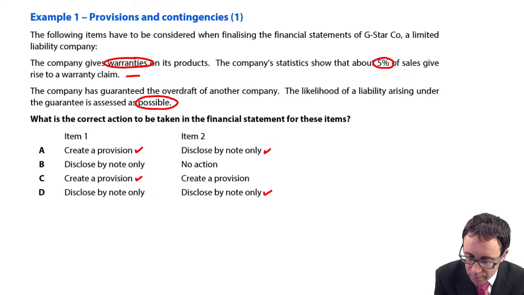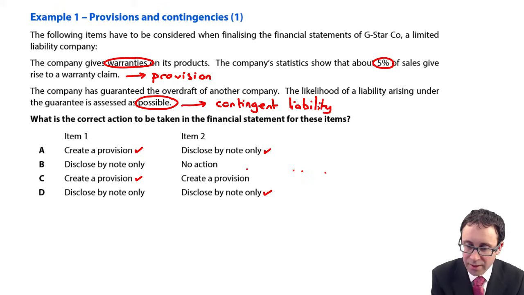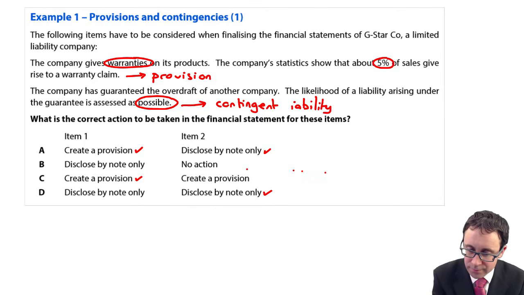So in the first one, we are going to make a provision, and in the second, we have a contingent liability. Okay.